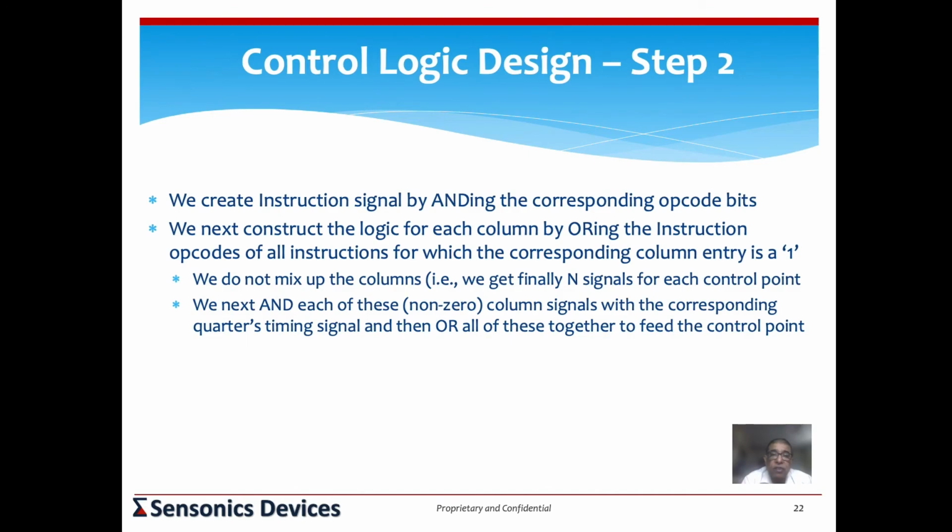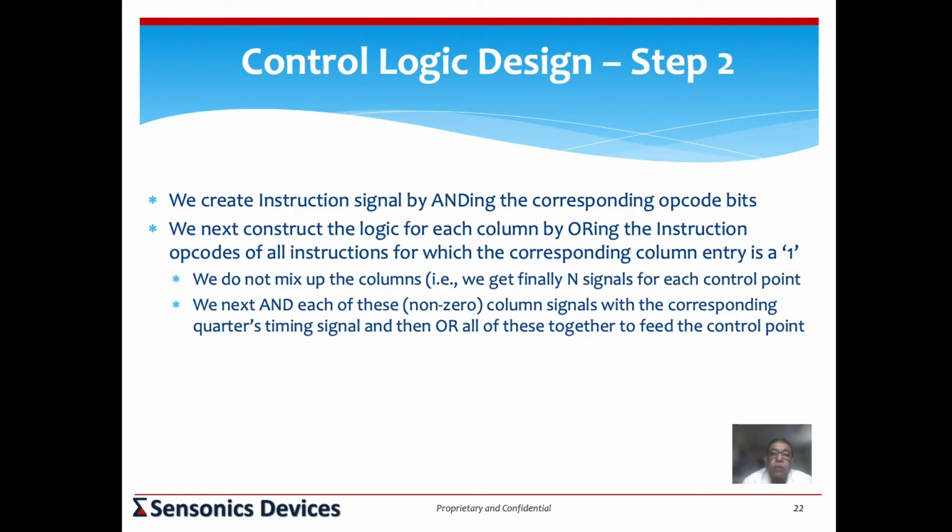We will construct the control logic by ORing the instruction signals of all the instructions for which the corresponding column entry is 1. So we will do this for Q1, for Q2, for Q3, and so on. We do not mix up the columns right now.